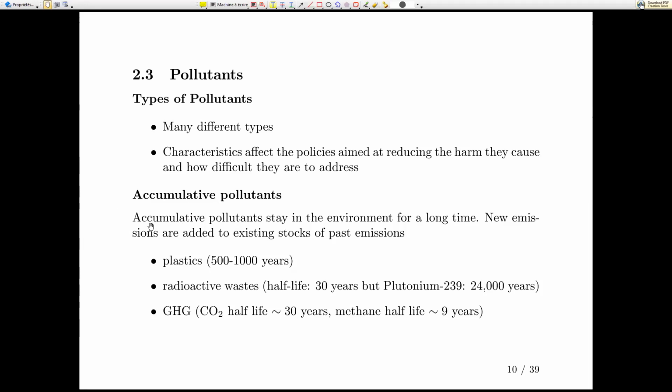So here what we're saying is how long do pollutants stay in the environment? And of course, the longer they stay in the environment, the more worrying it is. Plastic, we can more or less say it's 500 to 1,000 years, but very imprecise.